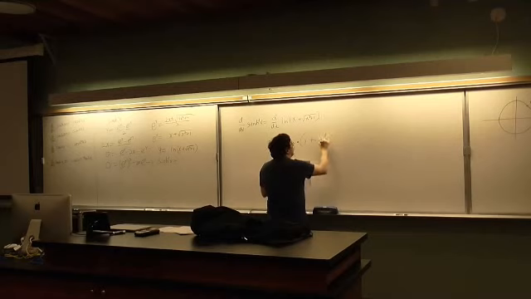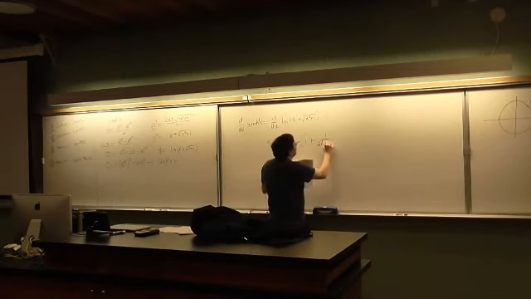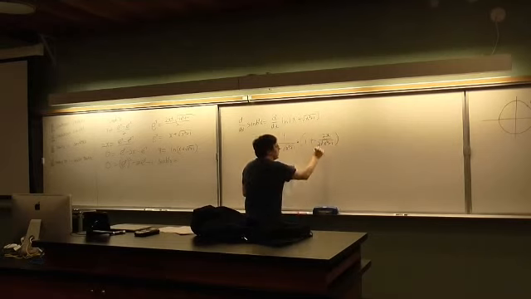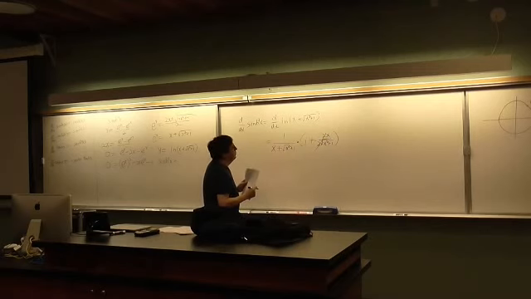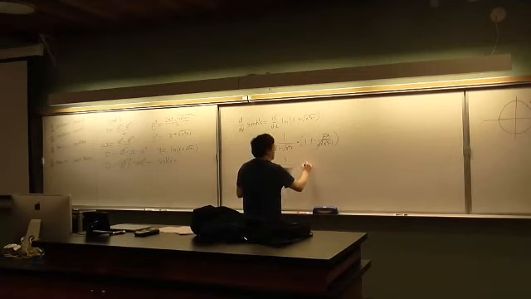So that's going to be 1 over 2 times the square root of x squared plus 1. But I need to use the chain rule again, so times 2x. The 2's cancel. Looks like I can do more here.